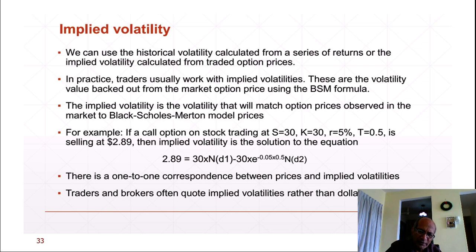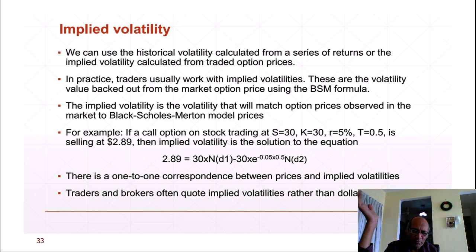Then the implied volatility is the solution to the equation. The implied volatility is what you solve for in the BSM model. That is S0 times N(d1), that is 30 times N(d1), minus the present value of K, 30 times the exponential of minus 0.05 times 0.5, times N(d2).